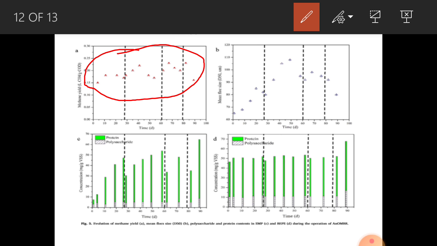When the cytostatic drugs were added, the mean flock size of sludge decreased from 92 to 80 micron.